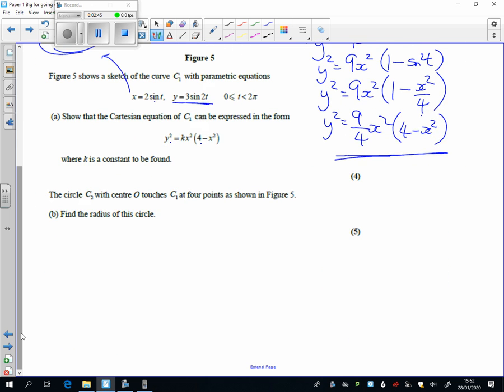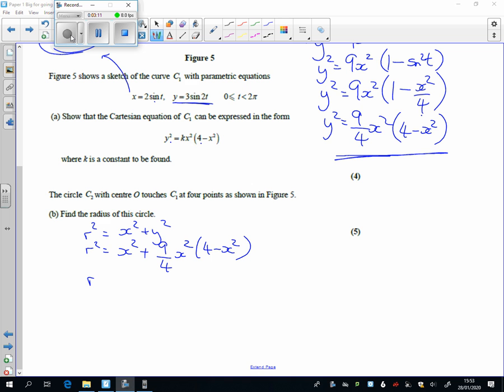And, of course, a circle has got the radius squared is x squared plus y squared. And, well, we've just figured out what y squared is. Y squared is 9 over 4 x squared, lots of 4 take away x squared. So that's just copying what we've put in there.